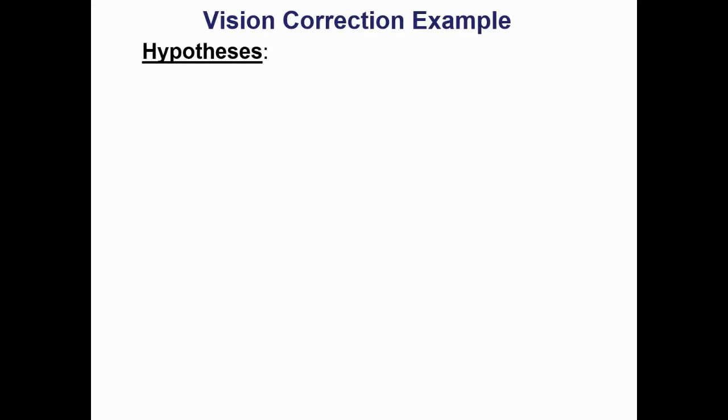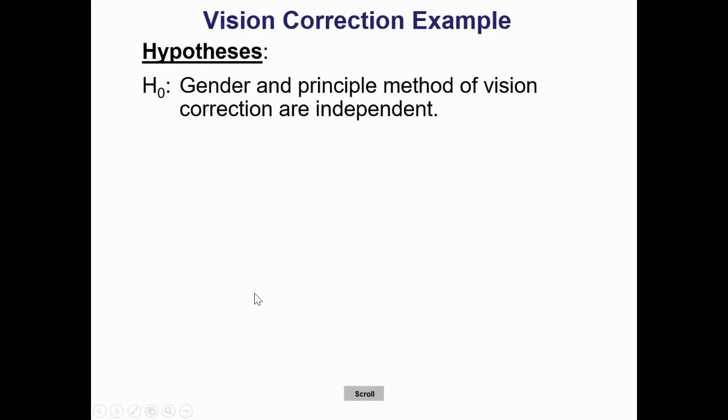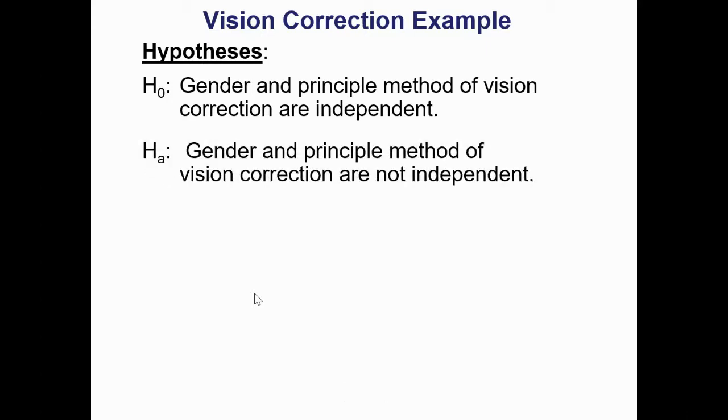The null is that the categories are independent. That's right. Gender and vision correction are independent, which means the alternative is that they are not independent.